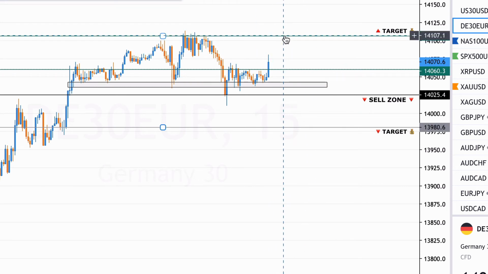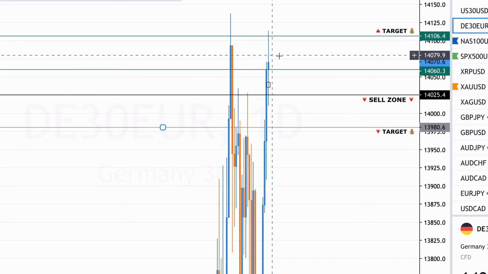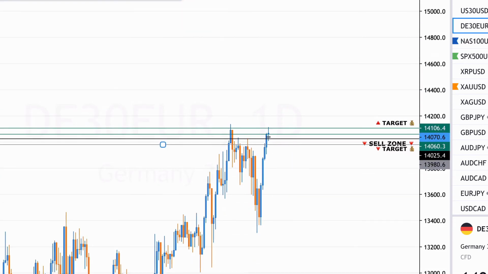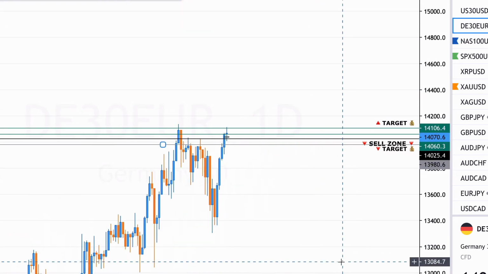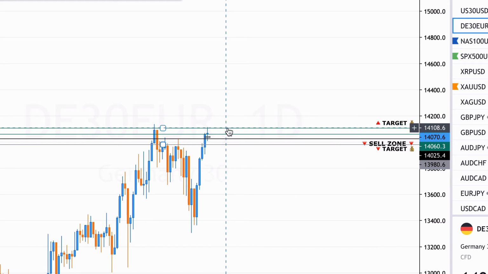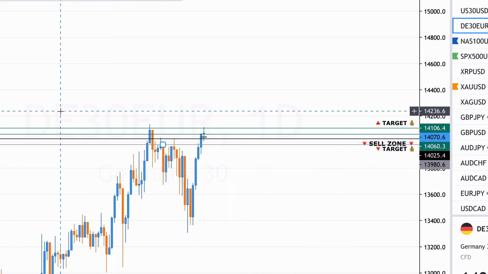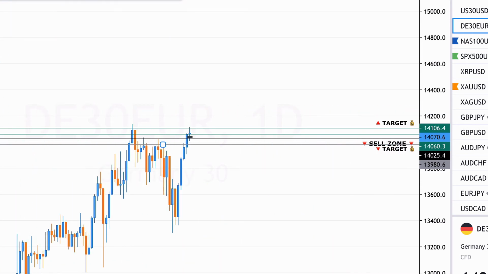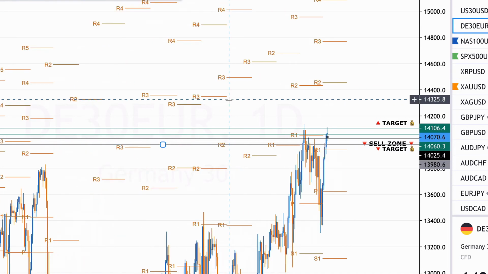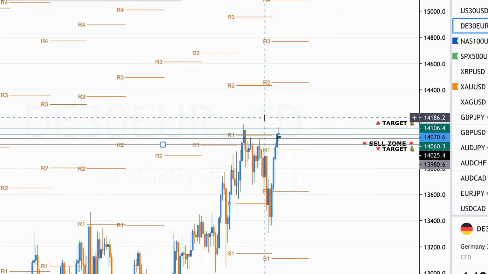I'll be looking for a potential rejection. Look for a potential sale here. If it breaks out, the next target, because this is an all-time high, I believe, we can use pivots to, you know what?